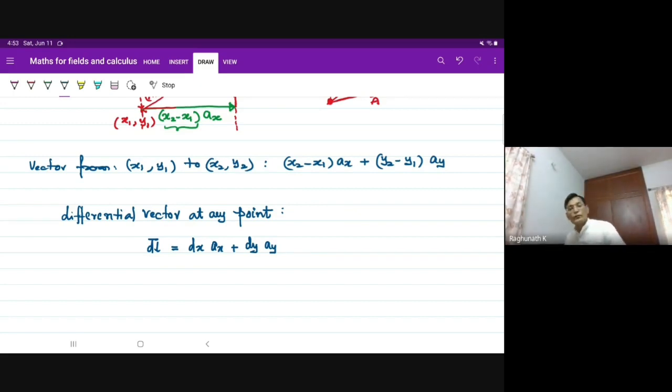Please remember, wherever you talk about this differential vector dl bar, for the first time we will be talking about it as E bar dot dl bar to talk about potential difference. Next time when you talk about this dl bar, it will be integral of H bar dot dl bar to talk about the circulation of the vector. Dl bar, wherever you take, is dx ax plus dy ay.